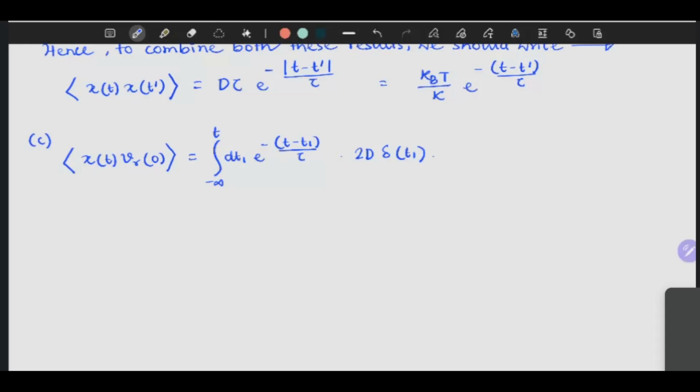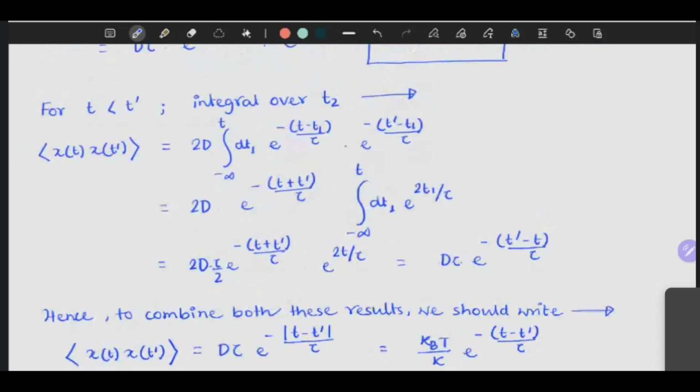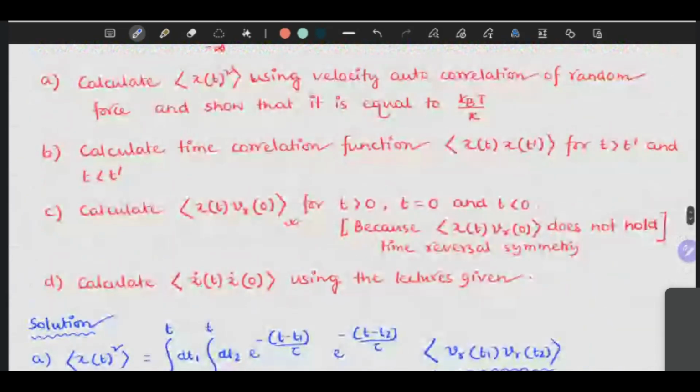Now think about what should be the result for 3 regions. So think about it. I will give you 2-3 minutes.